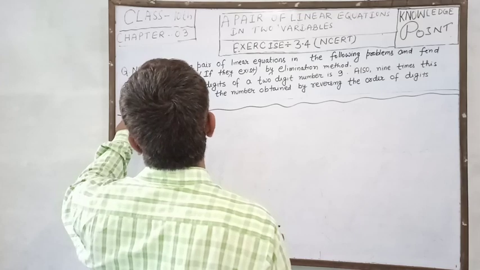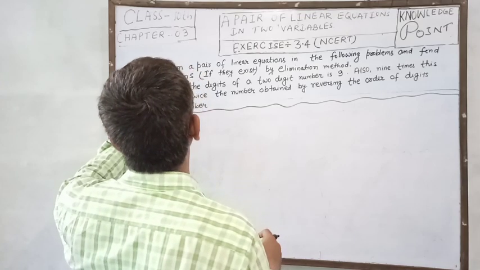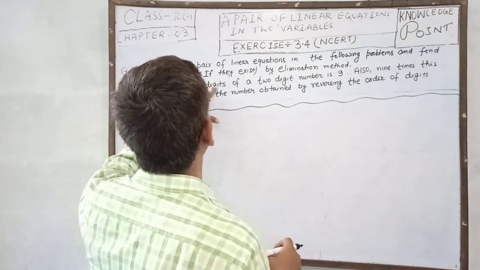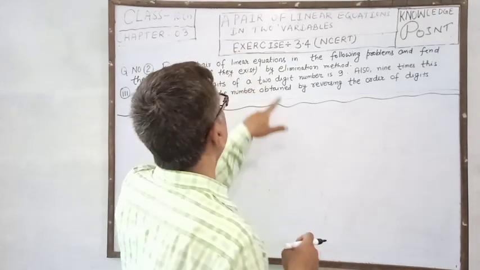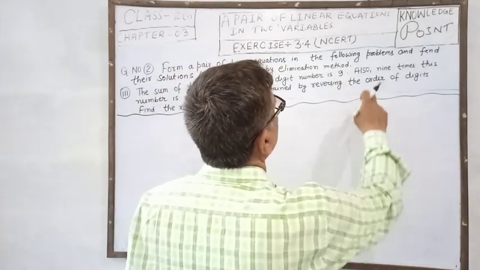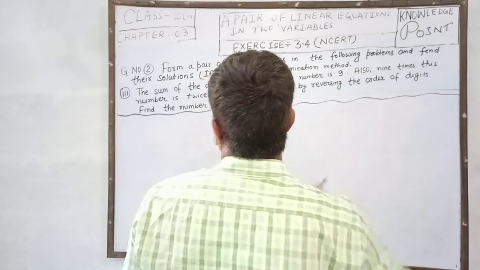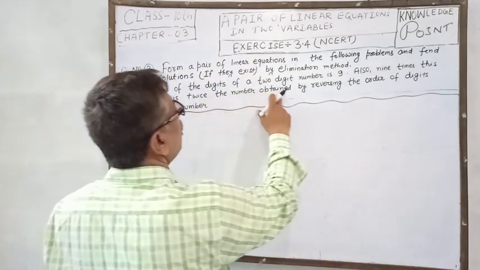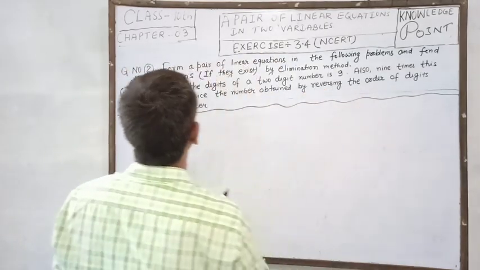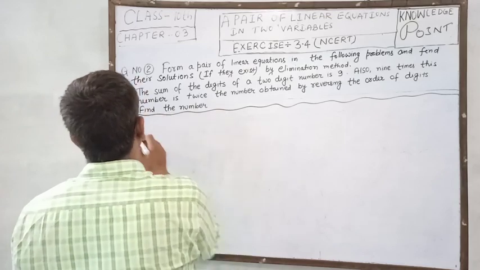Students, now question number 3. You understand: the sum of the digits of a two-digit number is 9. Also 9 times this number is twice the number obtained by reversing the order of the digits. Find the number.